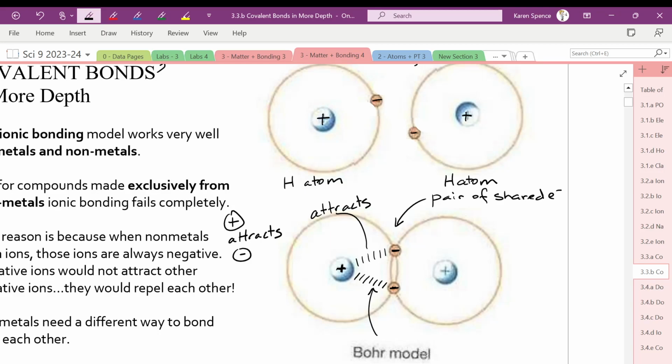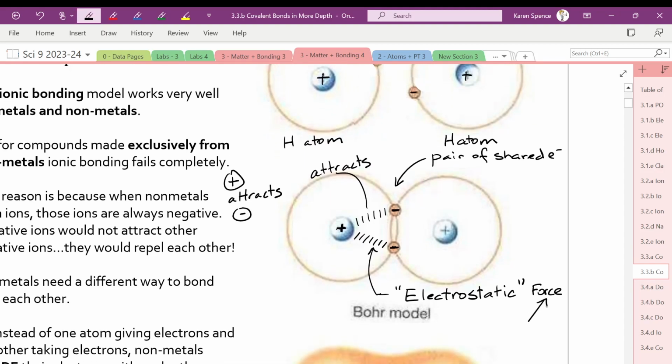Does anyone know the name of the force? Some people who've been working ahead might know the name of the force that we have between positive and negative charges. Yes? It's called an electrostatic force. So any force between charges is an electrostatic force.